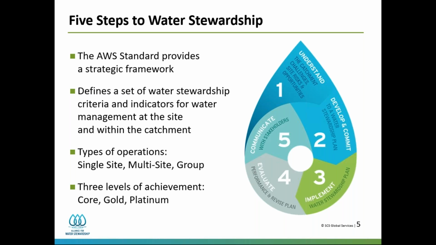It also guides the site through a process, again, of identifying water risks and opportunities. This all lays the groundwork for the creation of a site-specific water stewardship plan. That plan is implemented, regularly evaluated to respond to the shared challenges, risks, and opportunities that are identified. Simply put, the standard presents a management systems approach to mitigating water risks and capturing water-related value.